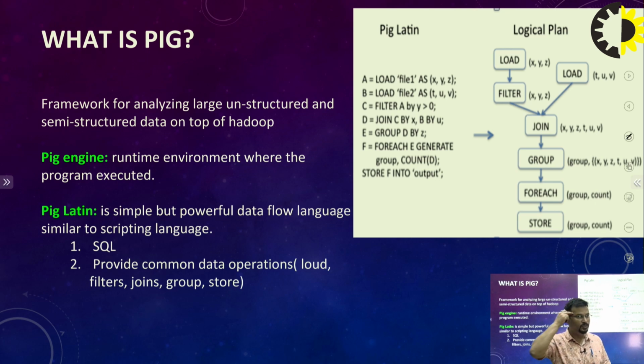Here we use the logic plan. We load data XYZ and filter it, and also load data TUV. Both are joined to make XYZ and TUV data.